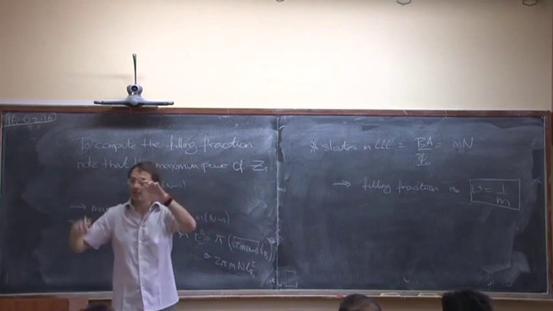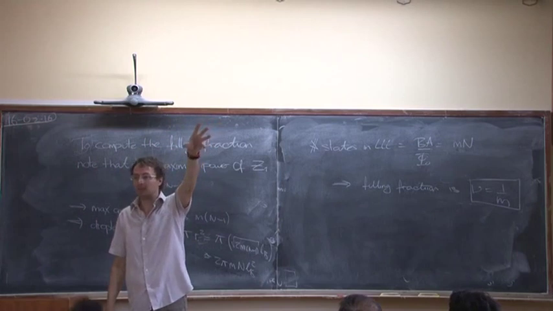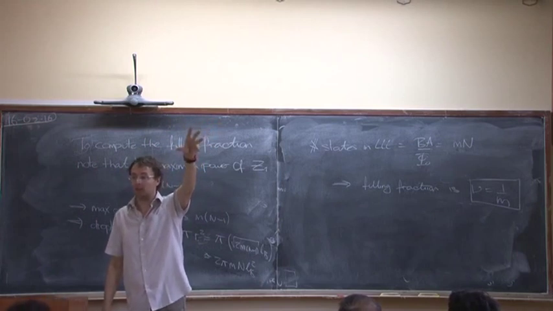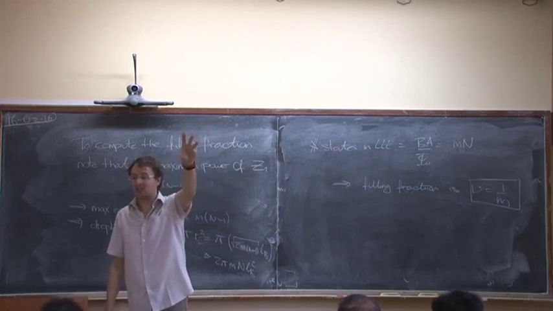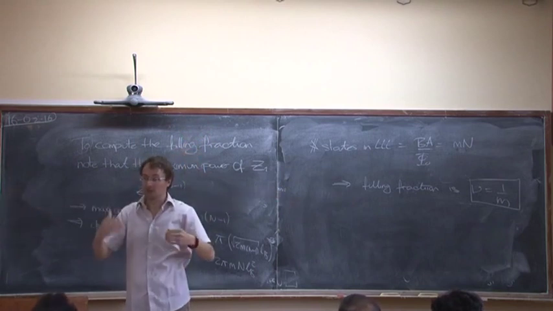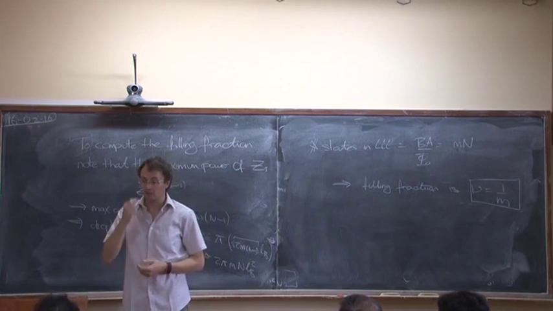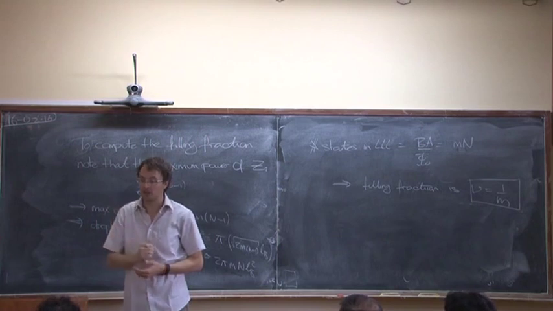You can also see it in the exponent: e to the minus mod z squared divided by lB squared, and lB is set by the magnetic field. So you can see explicitly there, as lB changes, the droplet is getting bigger or smaller, but the density of particles remains the same. So density meaning filling fraction. Yeah.